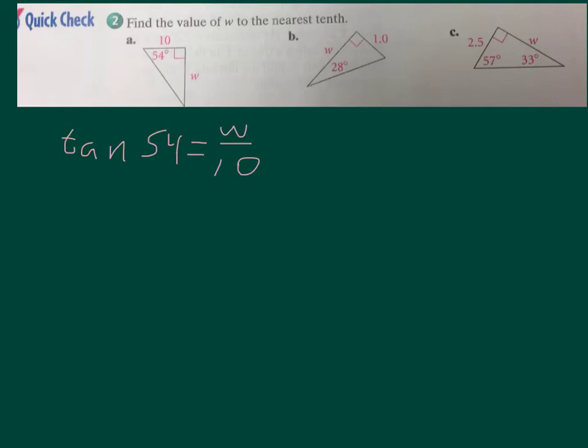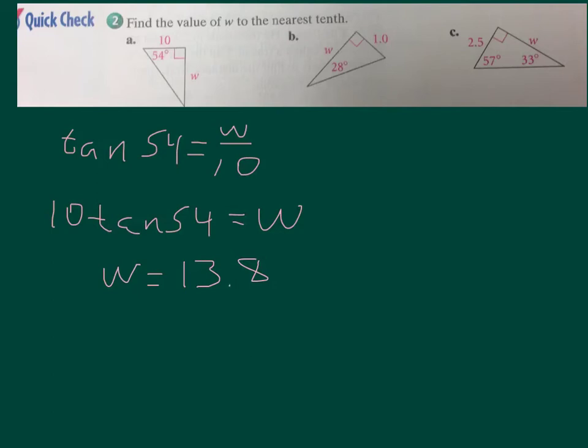Now we're going to multiply both sides by 10, and we get 10 times the tangent of 54 equals W. And you're going to punch this into your calculator, and you will get W to be approximately 13.8.